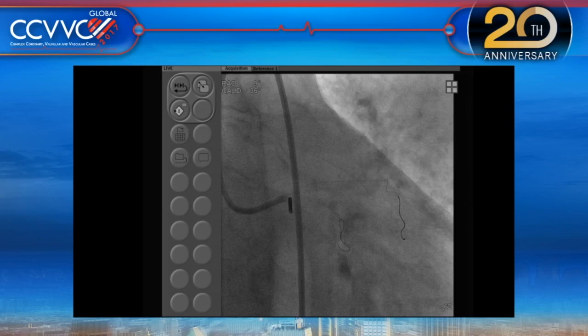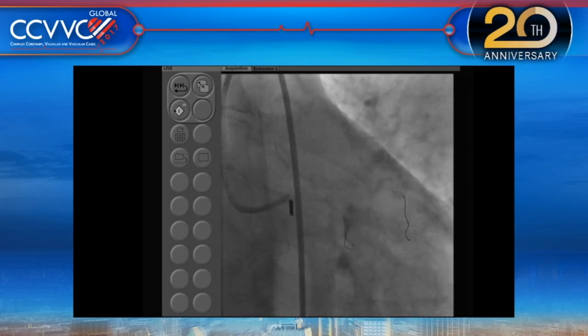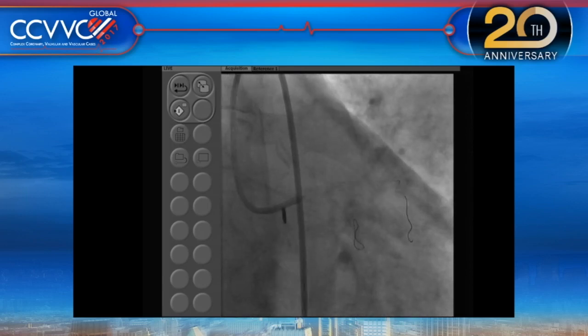Now you'll see this wire should go very nicely, and it gives moderate support. One of the big issues remains with the Fielder: it will go into various tortuosity, but once you talk about the support of the Fielder, that's where it gets a minus point. Okay, well, let's see how this behaves.